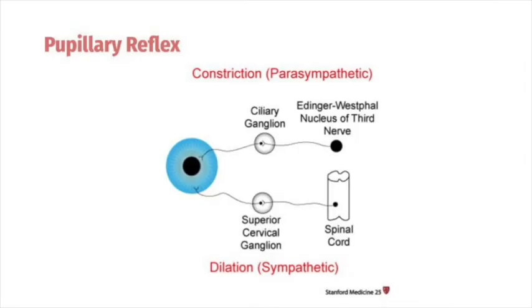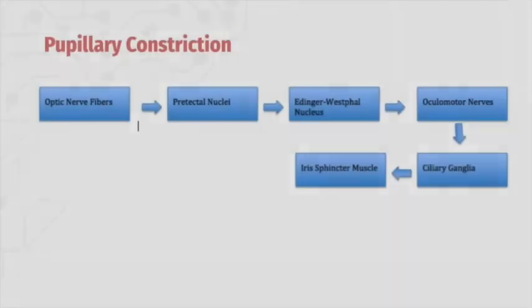Pupillary reflex. As what we could see here in the picture, it is important to know that behind normal pupillary constriction is a balance between the sympathetic and parasympathetic nervous system. Constriction is caused by parasympathetic innervation, while dilation is caused by sympathetic innervation.